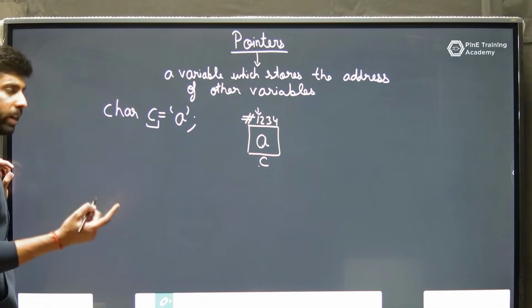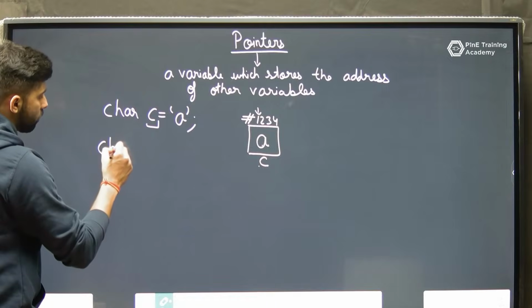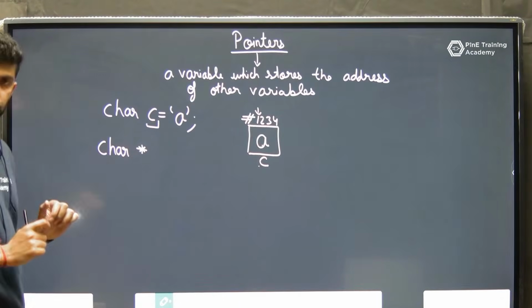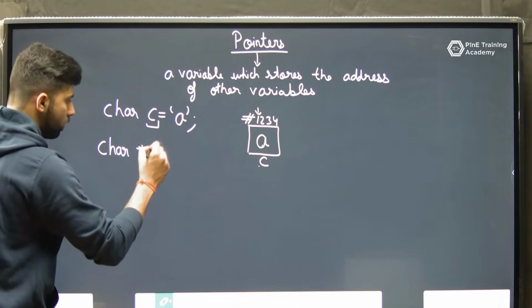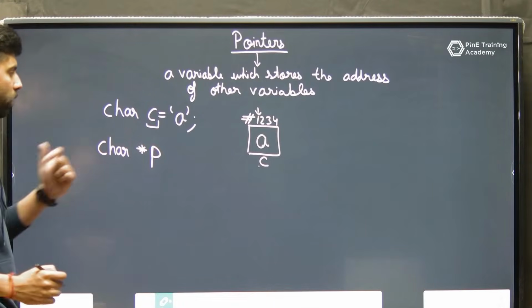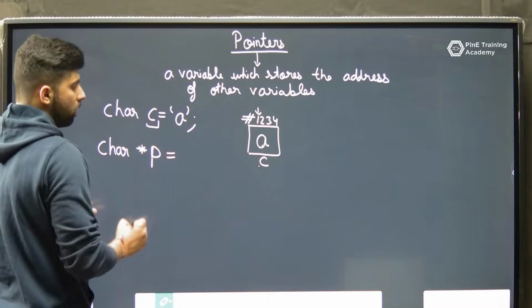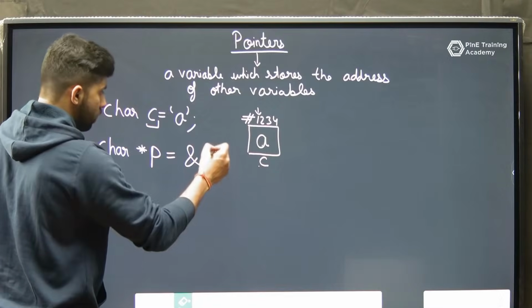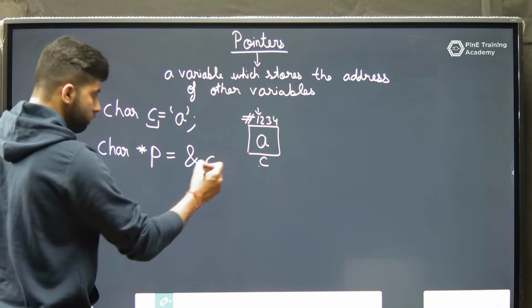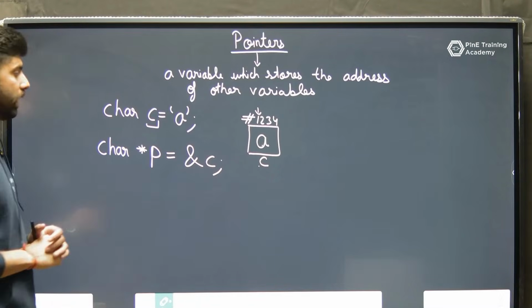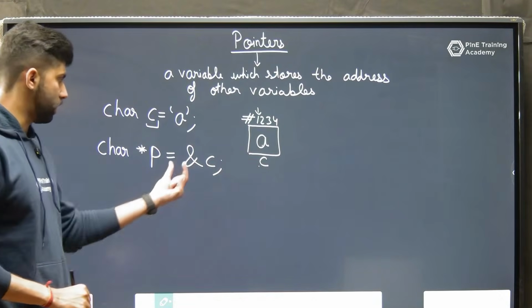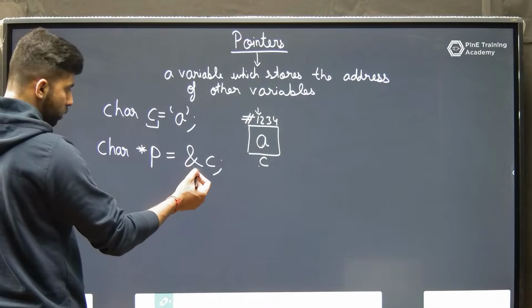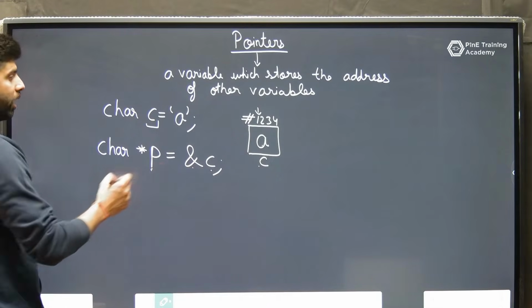To declare a pointer, we use this asterisk symbol, then the name of the pointer variable, and then address of C. So this operator denotes address of C. That means I want to store the address of C in this pointer variable.